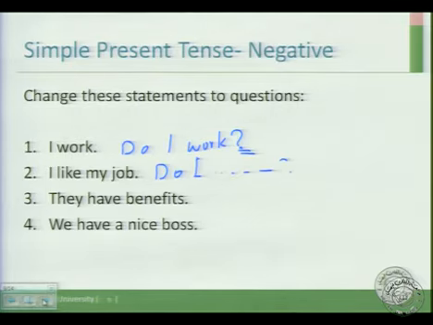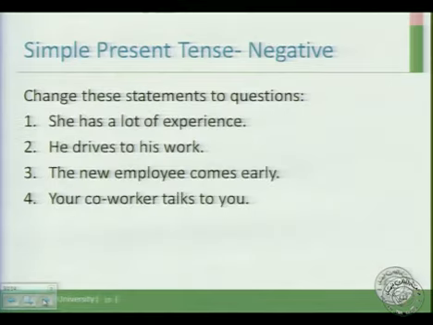The same here. Do they have benefits? Do we have a nice boss? Question mark. And this is with she and he. We use what? We said we use does, and then the rest of the sentence, has becomes have, and the rest of the sentence again.